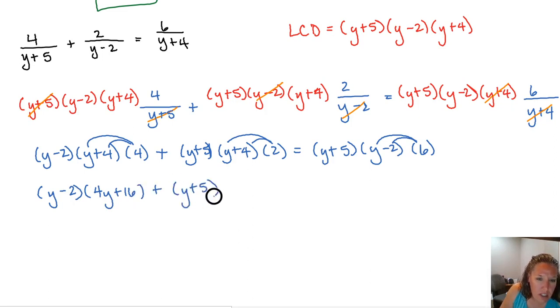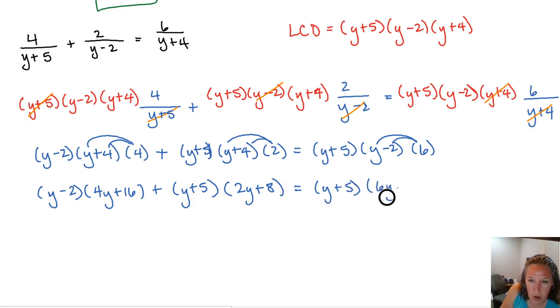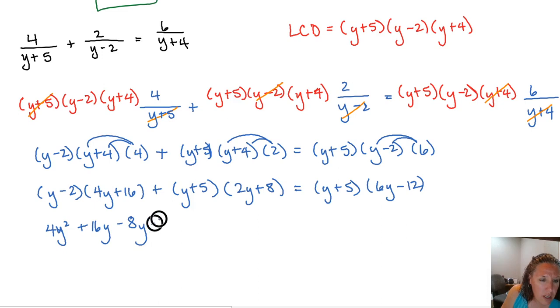And our second term, we're going to get 2y plus 8. And our last term, we're going to have 6y minus 12. All right, so now when we multiply that out, that'll be 4y squared plus 16y minus 8y minus 32.